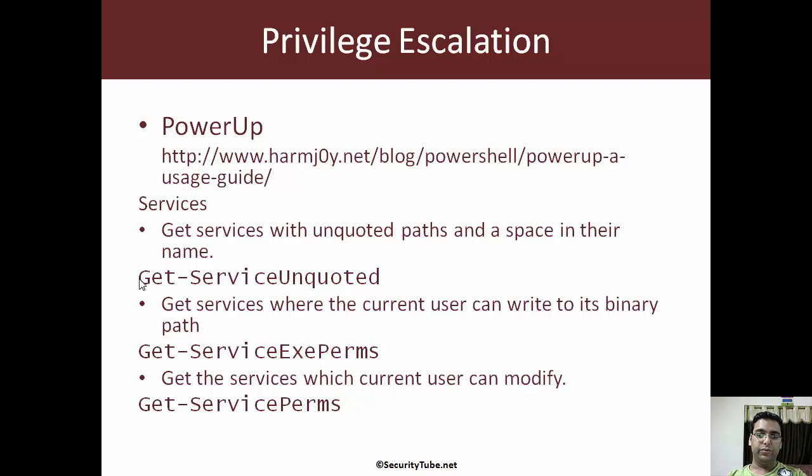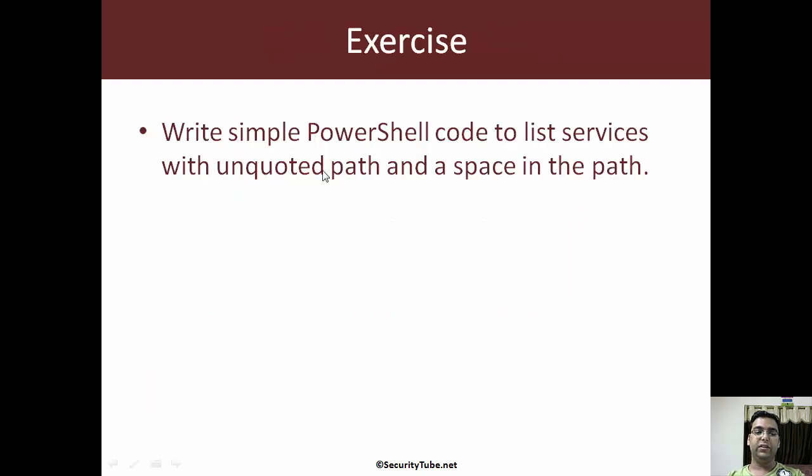We need to do what Get-ServiceUnquoted is doing for us, that is, search for services vulnerable to the unquoted path misconfiguration. Do not look at the source of Get-ServiceUnquotedPath. Try to do it yourself. WMI, etc. would be helpful.